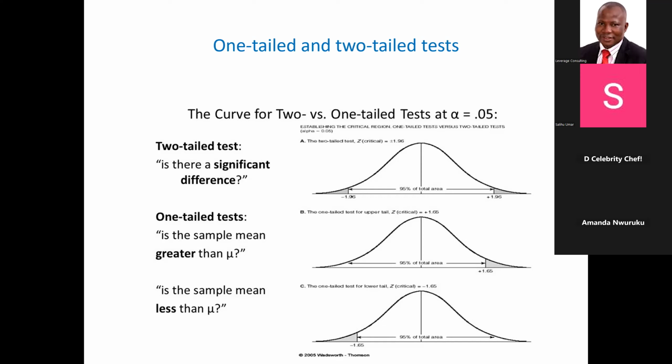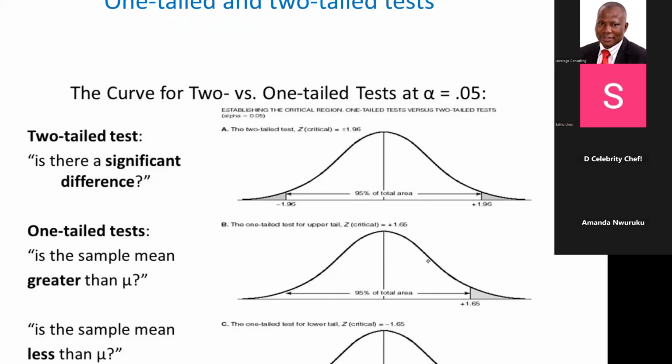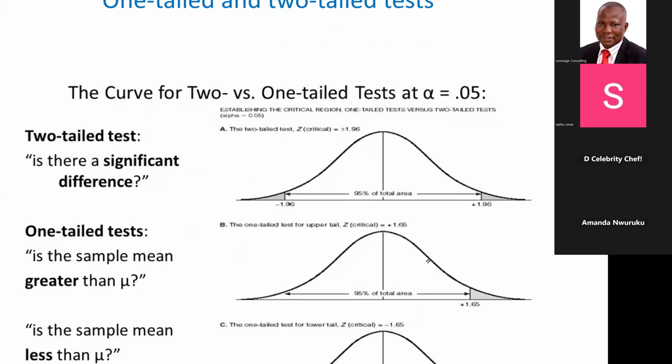For the two-tail test, you remember the 95 in the middle: on the normal distribution, the middle 95 is the area in the middle of the graph.